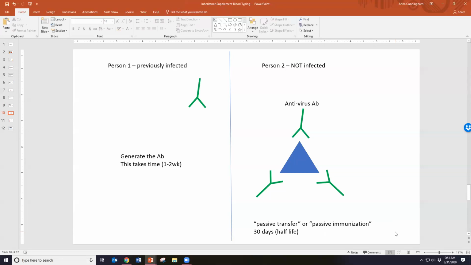As opposed to a preventative, this would be more of a therapy. Right, so the person already has the virus or is at risk of getting the virus, so let's give them these antibodies to either neutralize the virus or hopefully, in the short term, prevent them from getting it. So I hope that answers your question.